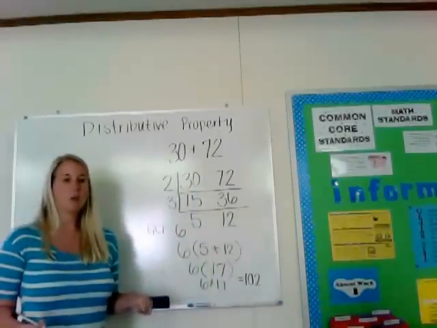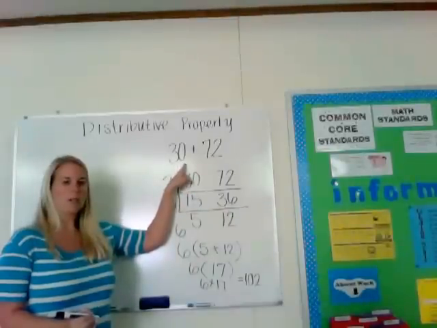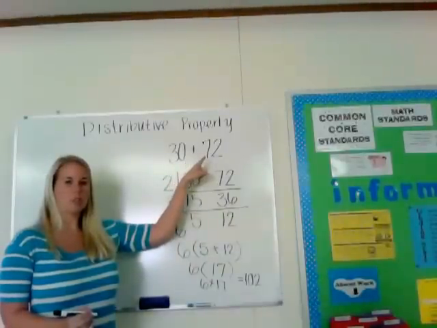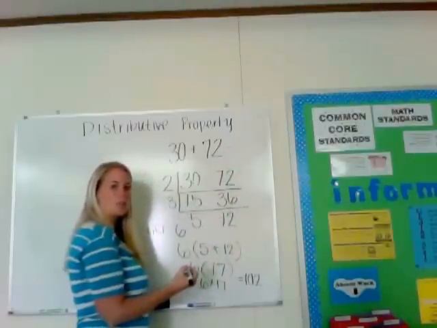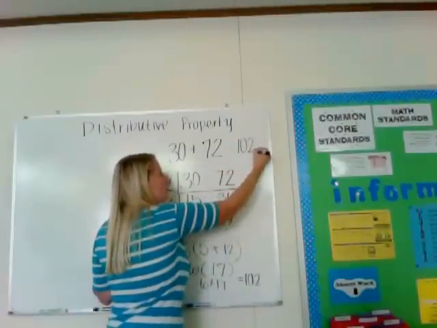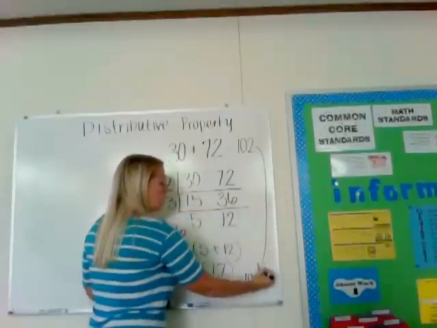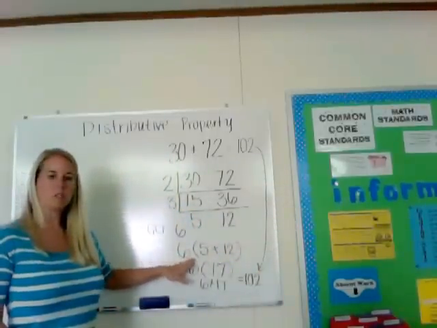If I did this right, this will match the sum up here. What is 30 plus 72? 30 plus 72 is 102. Since my numbers match, this distributive property is correct.